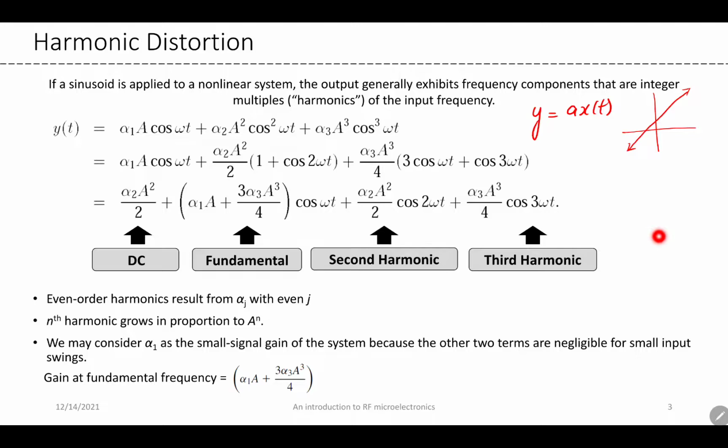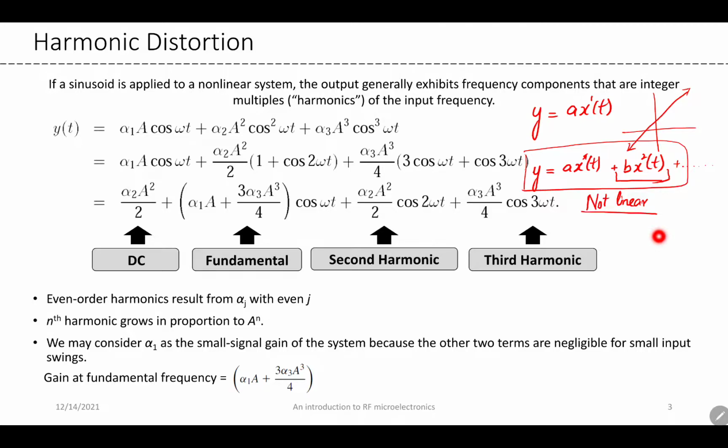Now, when is it not linear? It's not linear if I have non-unity exponents on top. So if I have a times x raised to power 1, which is basically x of t, plus some coefficient b times x squared of t, then as soon as this squared term comes in, this system is not linear. We can go on adding these components.